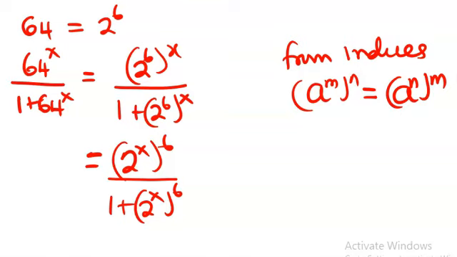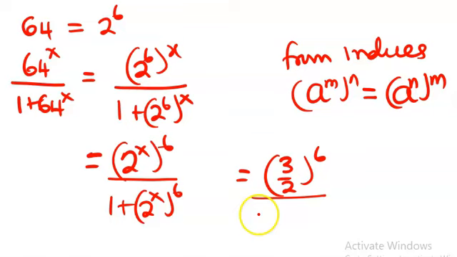Remember, we had 2 raised to the power x being 3 on 2. So if that is the case, then this becomes 3 on 2 all raised to the power 6 over 1 plus 3 on 2 all raised to the power 6.